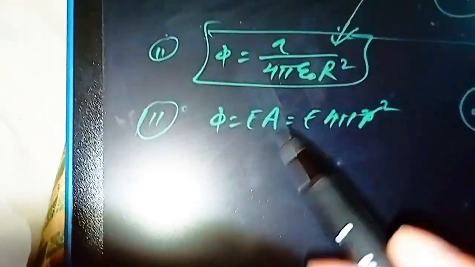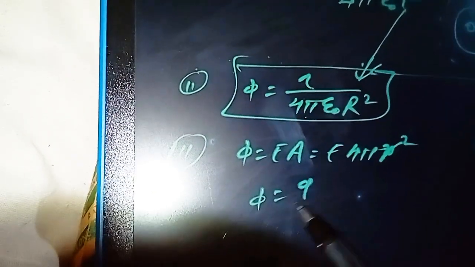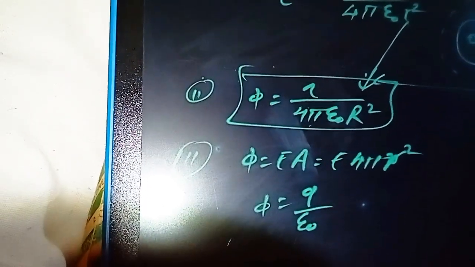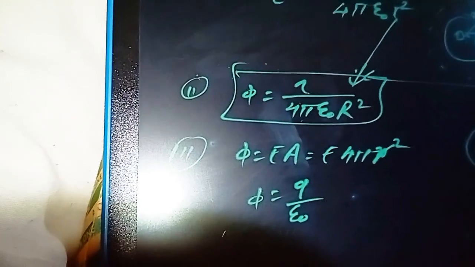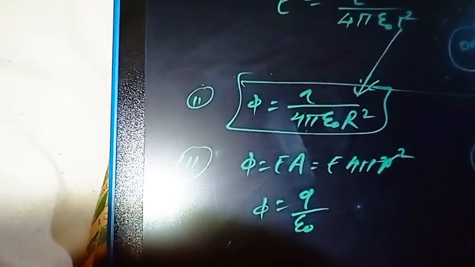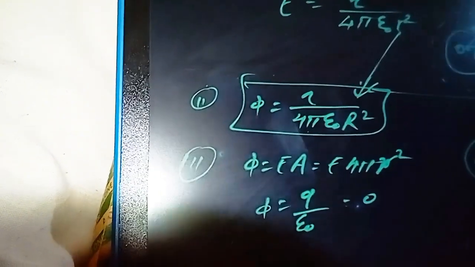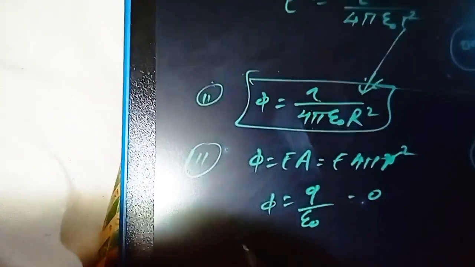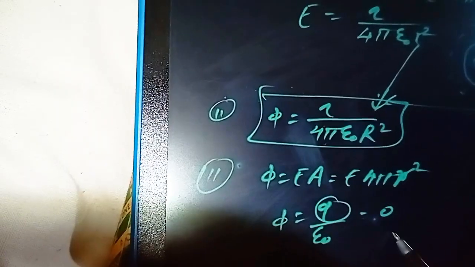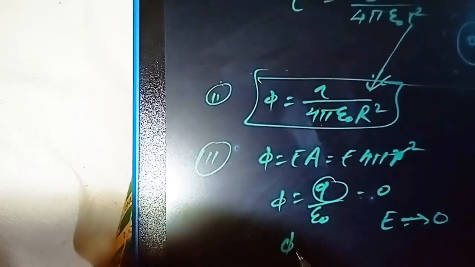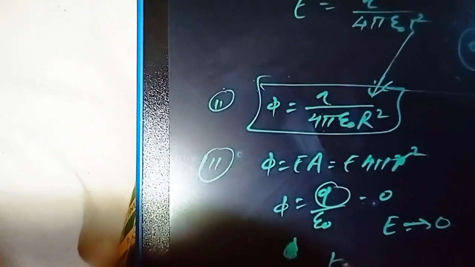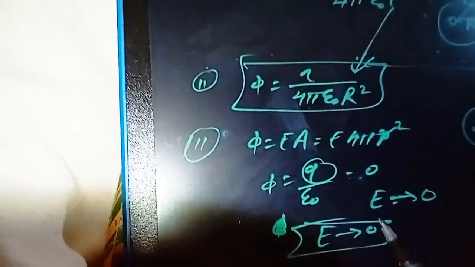Then we also know from Gauss theorem phi is equal to q by epsilon naught, but the charge enclosed by the Gaussian surface is 0, so phi becomes 0. Then when q is 0, E also becomes 0. We are finding electric field, so E is 0.